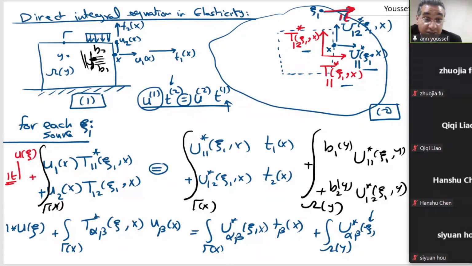Remember this is xi, not like in the indirect case, where you will see the field point y. And this is a direct integral equation.